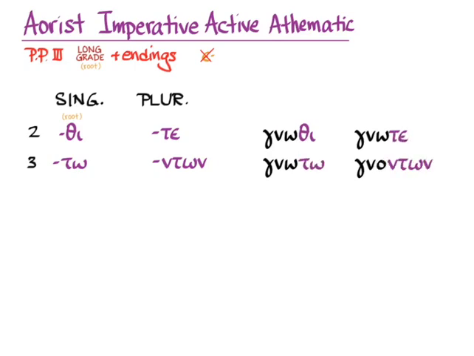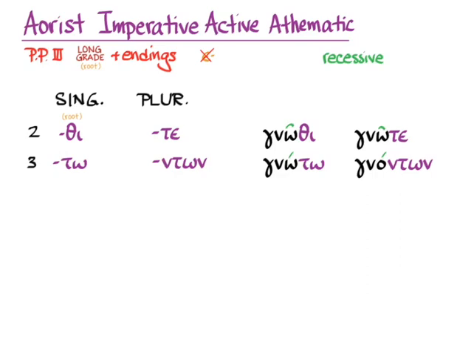Now, the only place that the long grade gets changed is before the t sound in the third person plural. So that shortens the omega to an omicron. So we're going to add the recessive accent, and we're going to get gnothi, gnoto, gnote, gnonton. So that is know, let her know, y'all know, and let them know for the aorist imperative active.